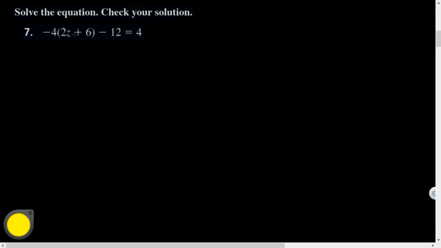So in order to solve this, I'm going to use the general approach that I showed you guys, but you might have some of your own tricks, and that's fine. So I'm going to distribute first. So I'm going to simplify every side. This time it's only one side. Every side I can, though.